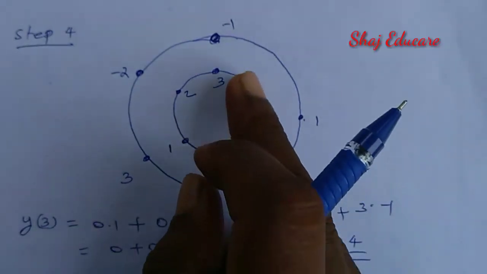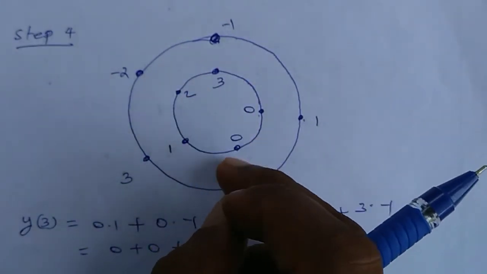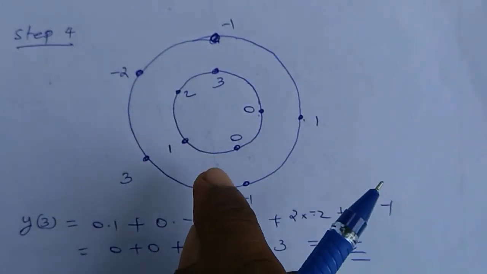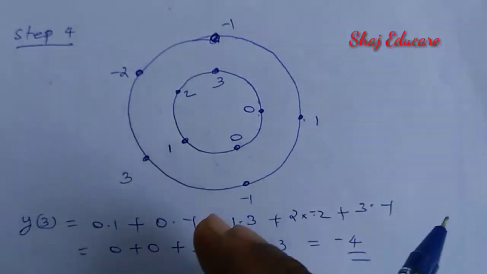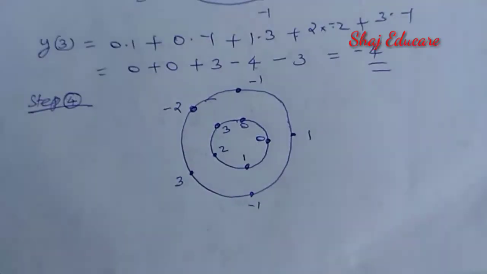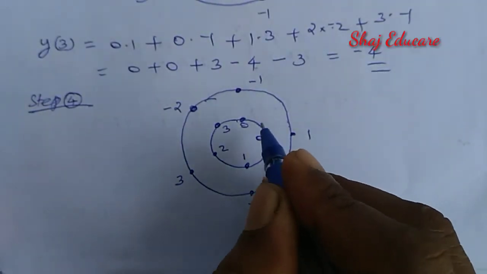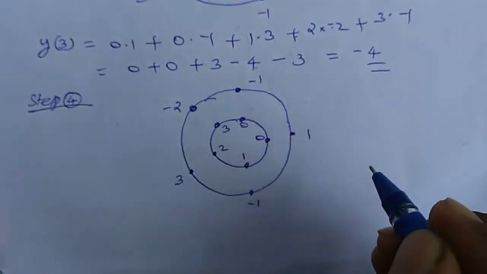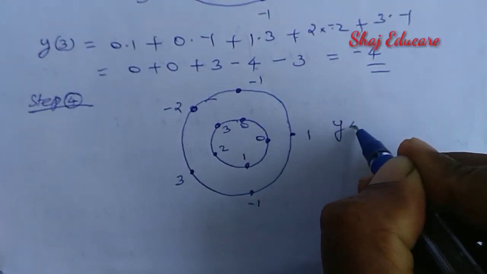Again rotate the inner circle once again in the counterclockwise direction by one sample and repeat the same procedure. Then I'm getting y of 4. Okay, this is the figure of our next step. Then I am getting y of 4.